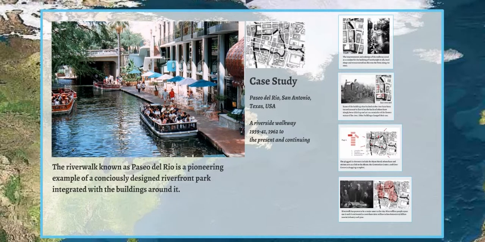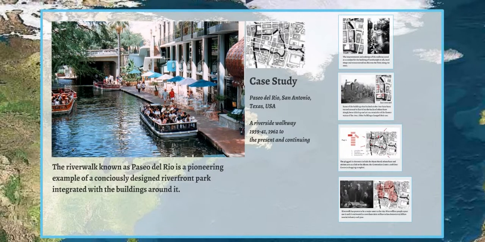Case study: Paseo del Rio, San Antonio, Texas, USA. A real sidewalk way, 1939 to 1941, and 1962 to the present, and continuing.